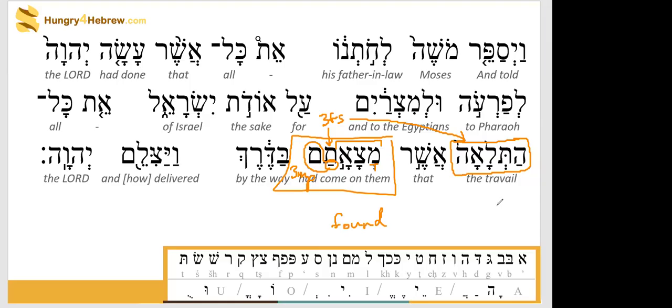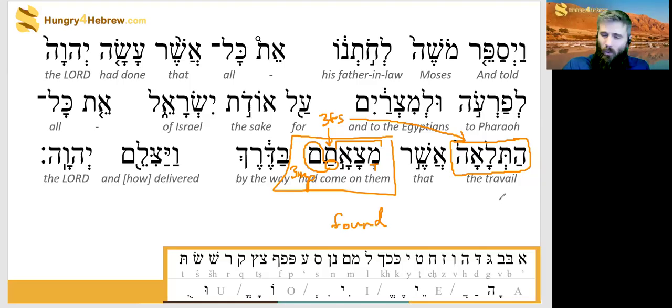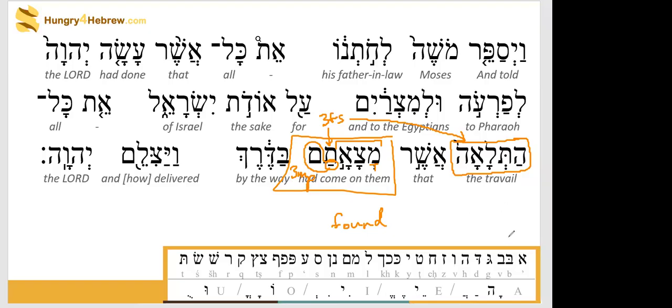Now I can't help but ask, what's the root of this word, hatla'ah? Is it lamed aleph yod? You know anybody named Leah?